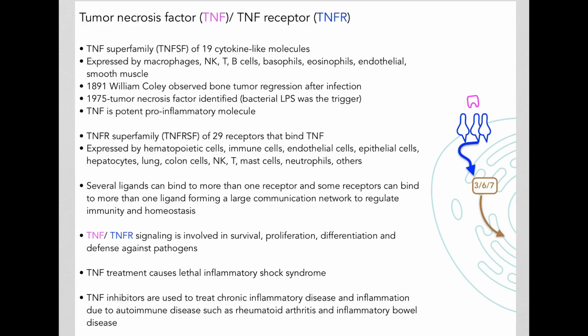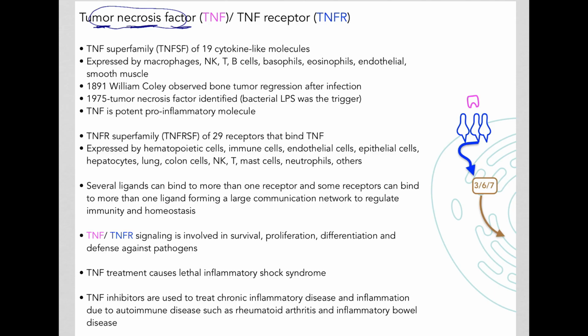Now, this name is kind of interesting. Tumor is a growth or cancer, and necrosis is killing the cancer cell. Factor is just a chemical, or in most cases a protein. So a protein that kills cancer is kind of an interesting name.